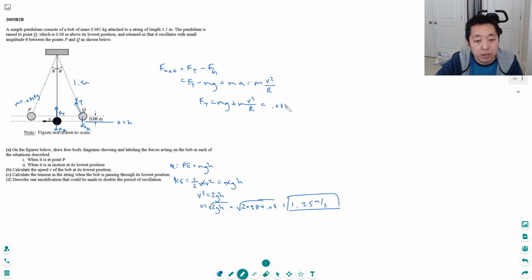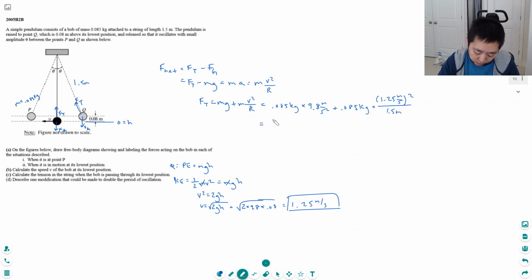It's 0.085 kilograms times 9.8 meters per second squared, plus 0.085 kilograms times v squared, that's 1.25 meters per second squared, divided by r, which is 1.5 meters. So 0.085 times 9.8 plus 0.085 times 1.25 squared divided by 1.5. I get this is equal to 0.922 newtons.